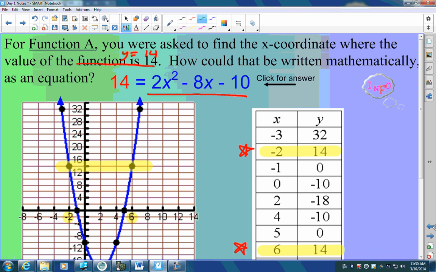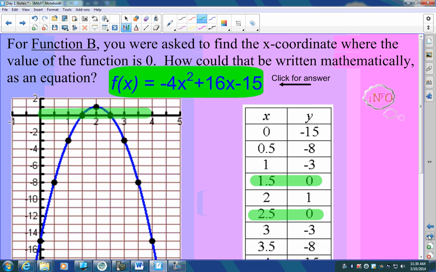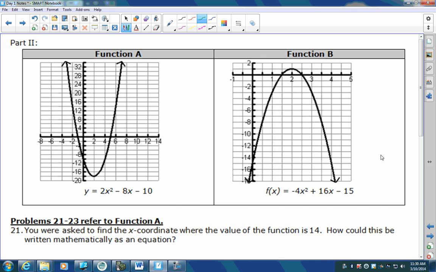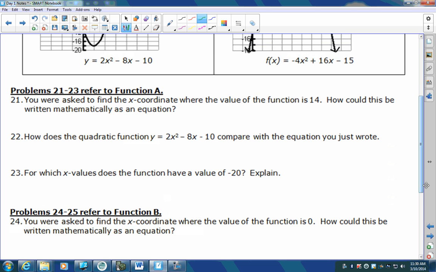So it wants to know, let's go back here. It wants to know right here, for which x values does a function have a value of negative 20? That means where is y negative 20? You should have that table written down there on that problem.